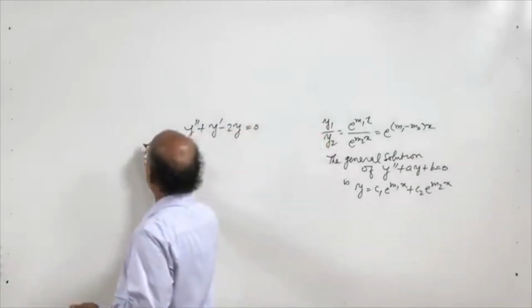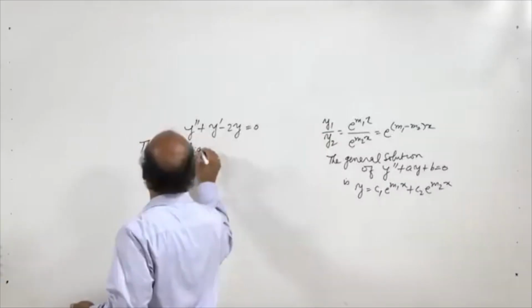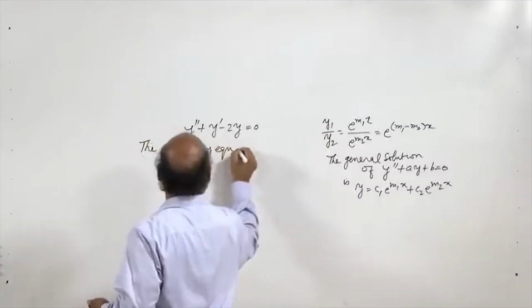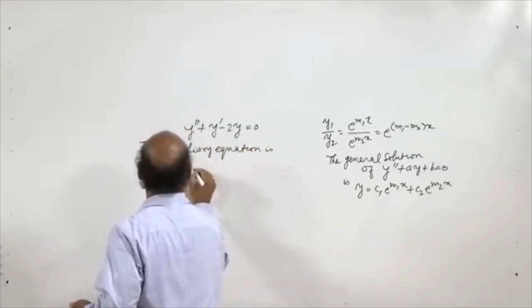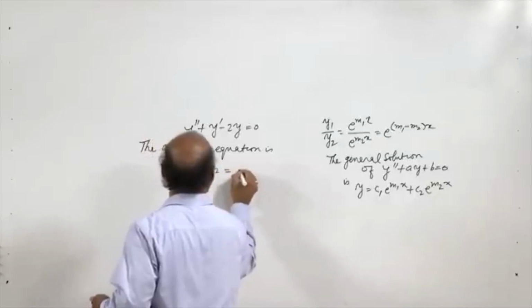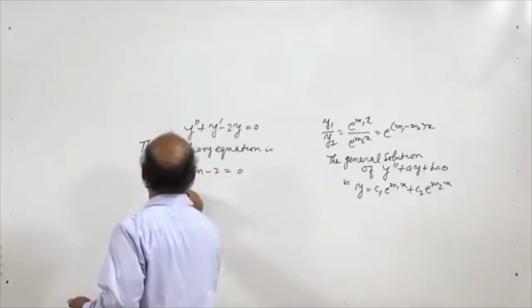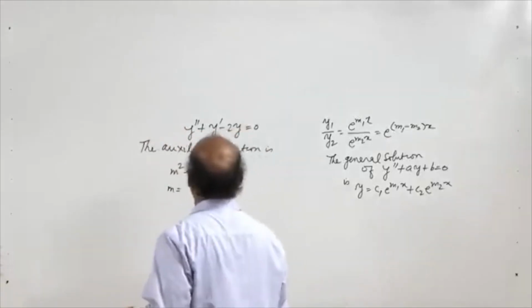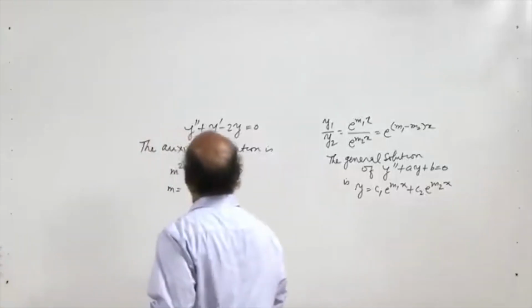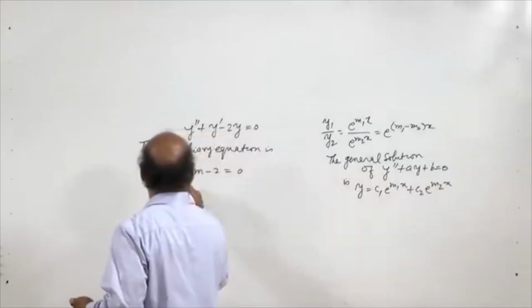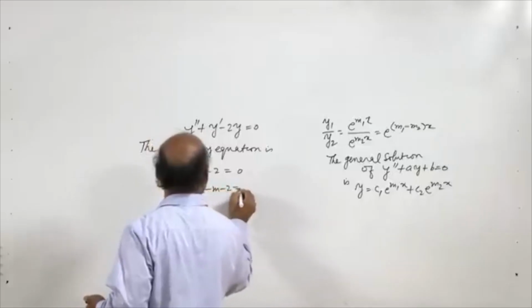So the auxiliary equation will be m square plus m minus 2 equal to 0. We can write m square plus 2m minus m minus 2 equal to 0.